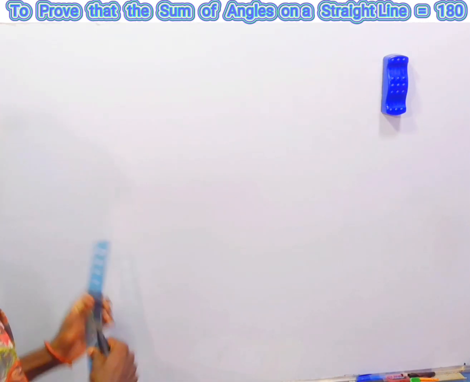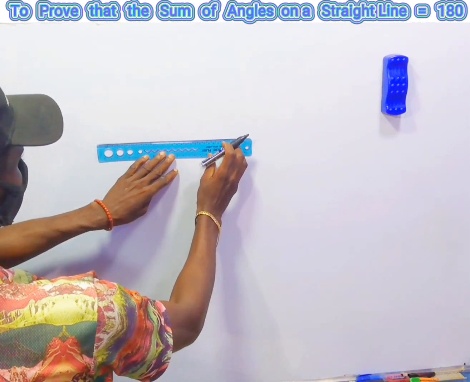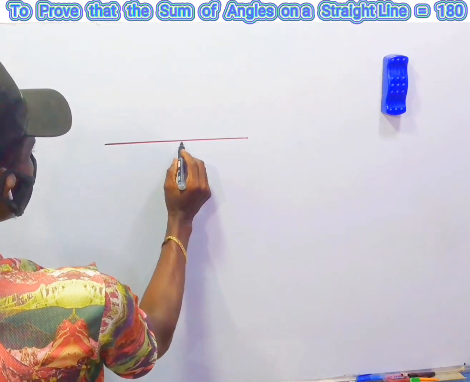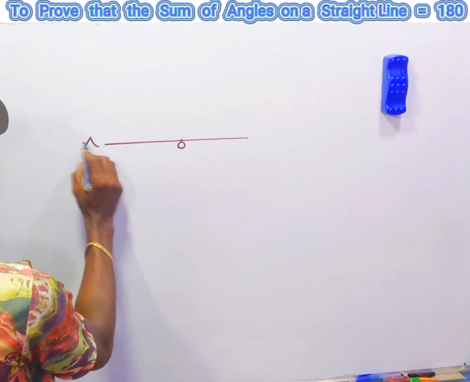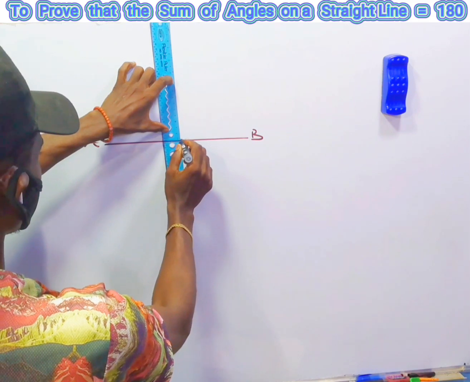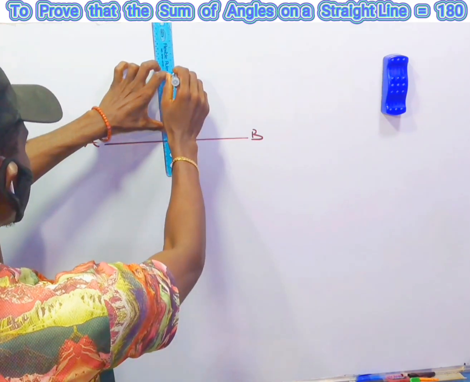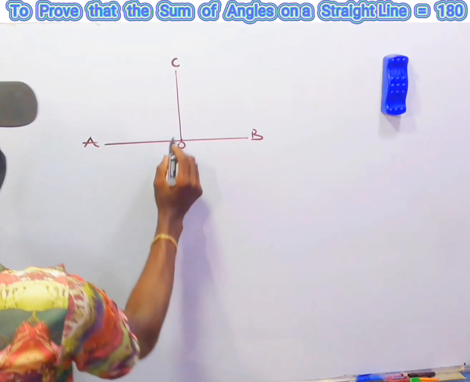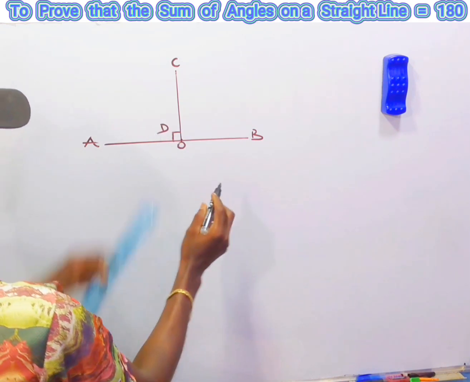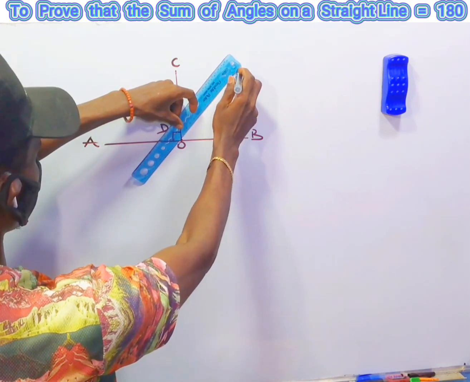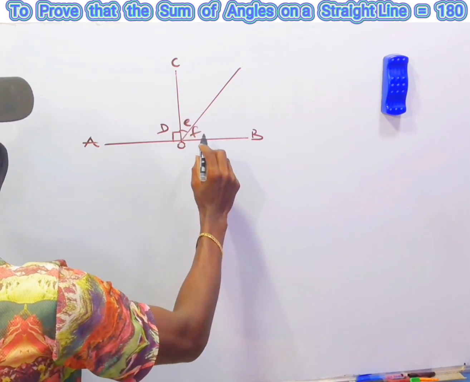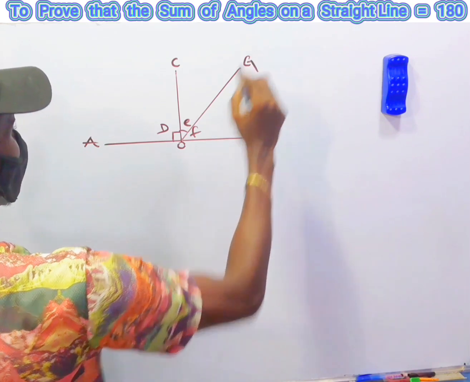Let's consider line AB with a midpoint O. Now let's also consider the fact that from the midpoint O we have a perpendicular line C, and let's call this D, and also we have angles E and F from OG.